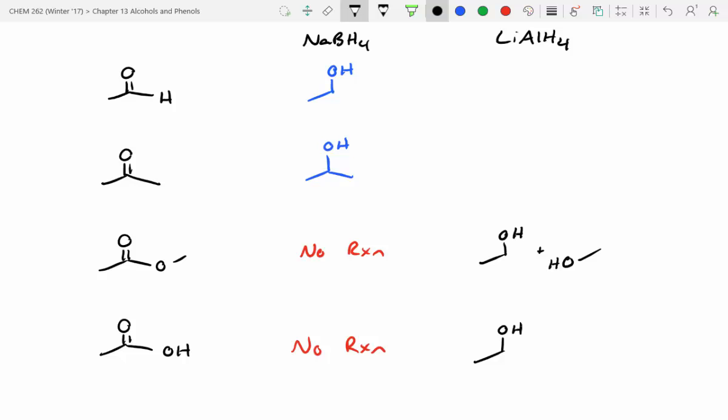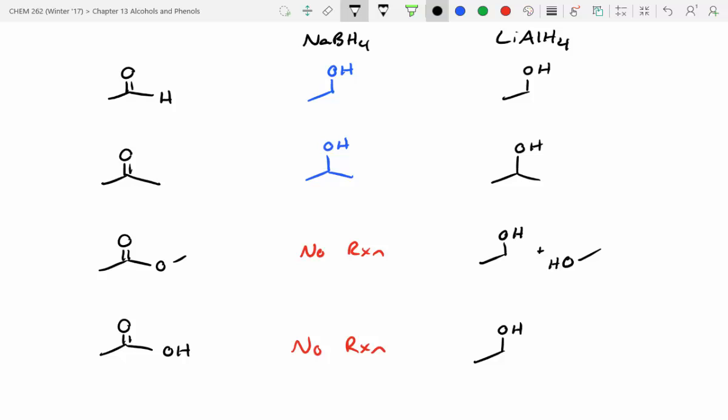Do you think it will work with aldehydes and ketones? Yeah, definitely. In fact, it's so strong that it will basically react with those super duper quickly. However, most of the time, chemists prefer to use the most gentle reagent possible just because it's easier to work with from a practical standpoint, right?